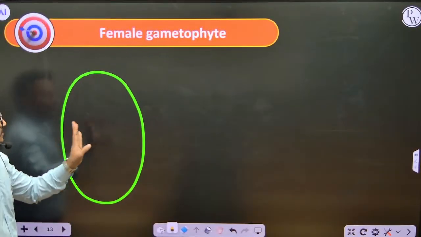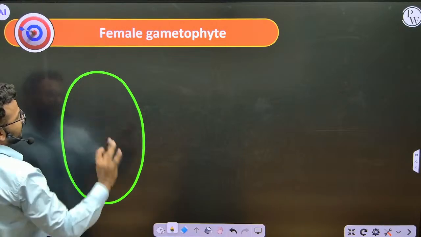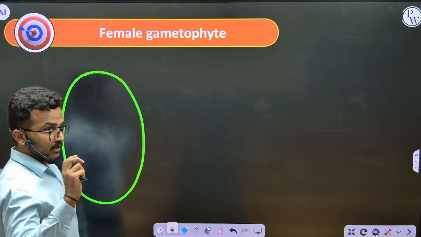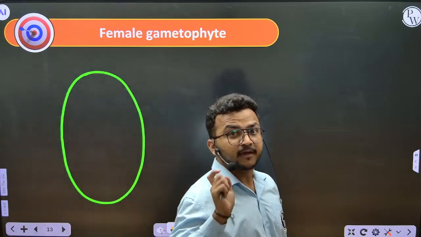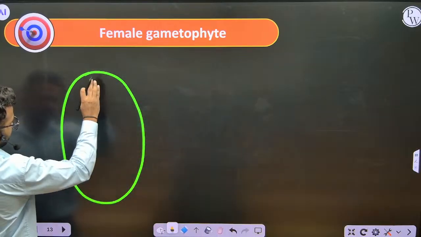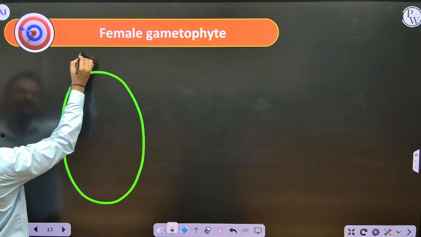So this is the embryo sac, or the complete mature female gametophyte. We know that it is 8 nucleate, 7 celled. I am going to draw the same, but this time I am marking the chalazal end here.